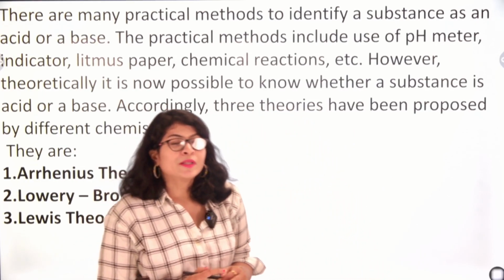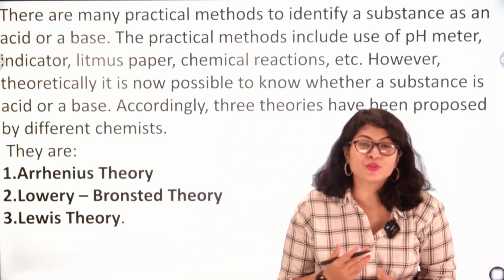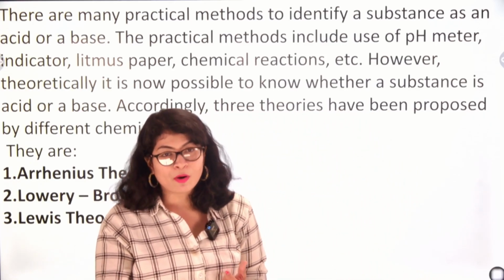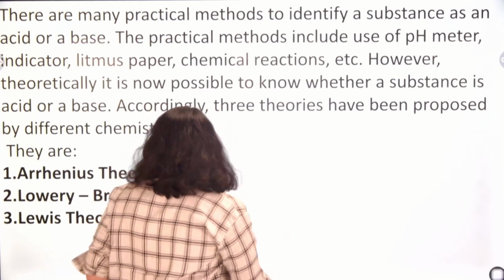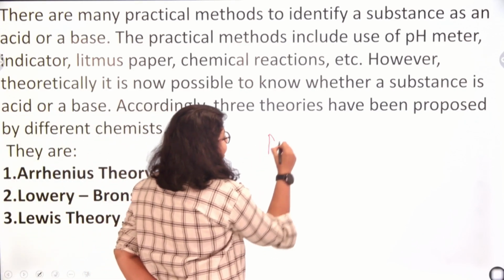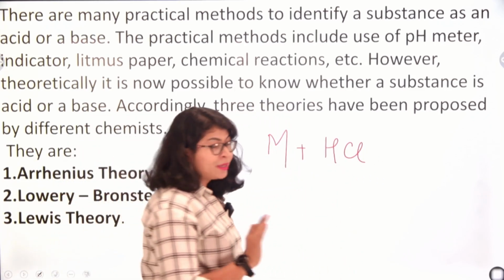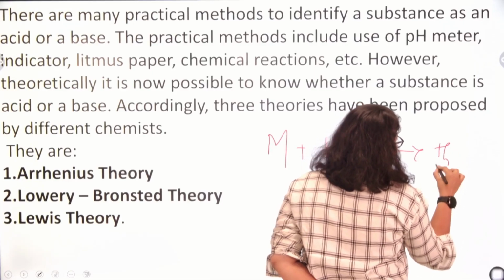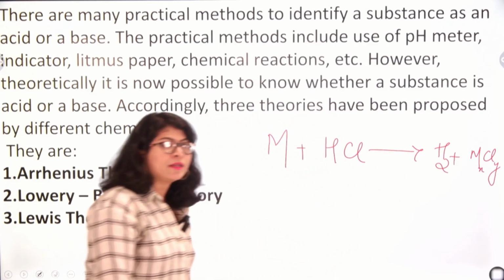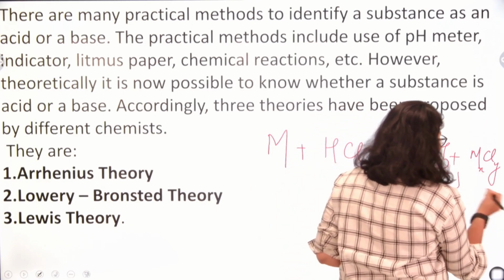There are also chemical reactions, for example, metals react with acids to liberate hydrogen gas. If I am reacting a metal M with HCl, and in the test tube I get the liberation of hydrogen gas along with some metallic salts, then this falls under the category of acids. How do I test whether the gas is hydrogen or something else?